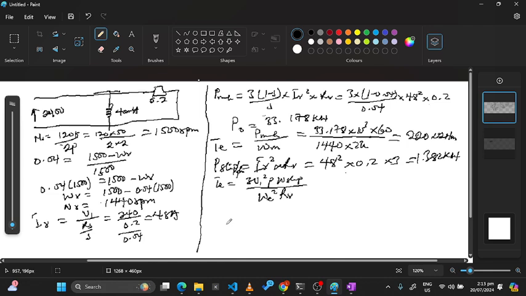Okay, so now our V1 phase will be equal to 346 over root 3. So that's 199.76, approximately 200 volts. So then this should be equal to 3 times 200 squared times the pole pair, which is 2, right?